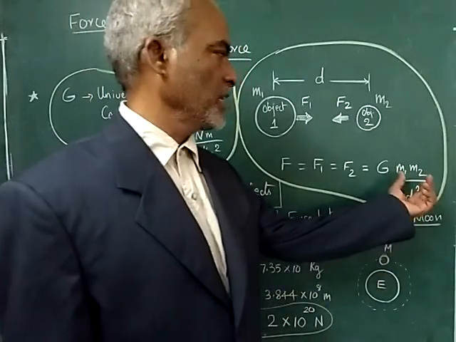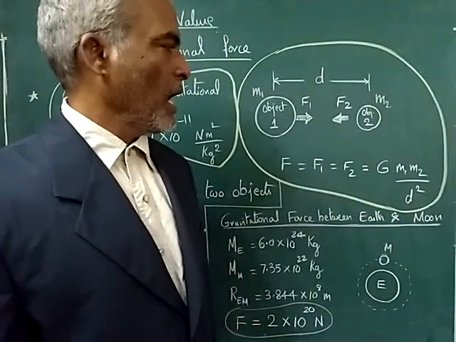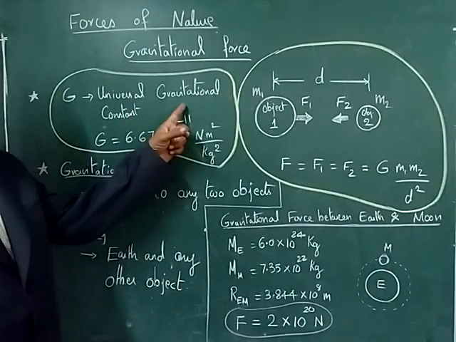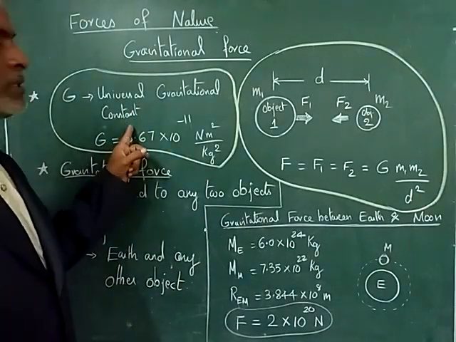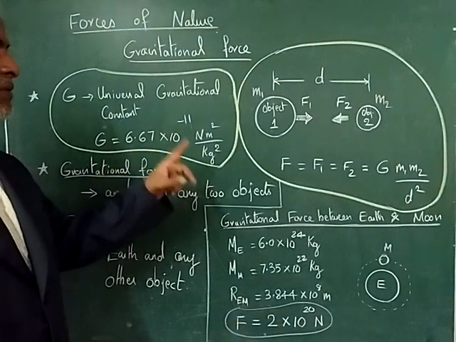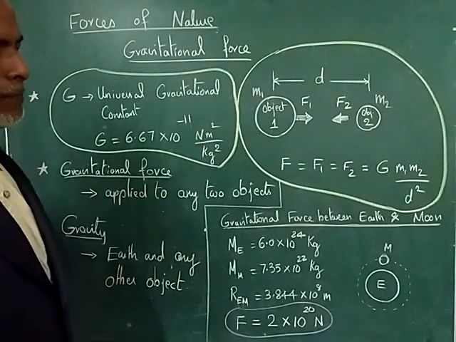That means the product of the masses divided by distance square, and G is the universal gravitational constant, which is 6.67 into 10 power minus 11 Newton meter square per kilogram square.